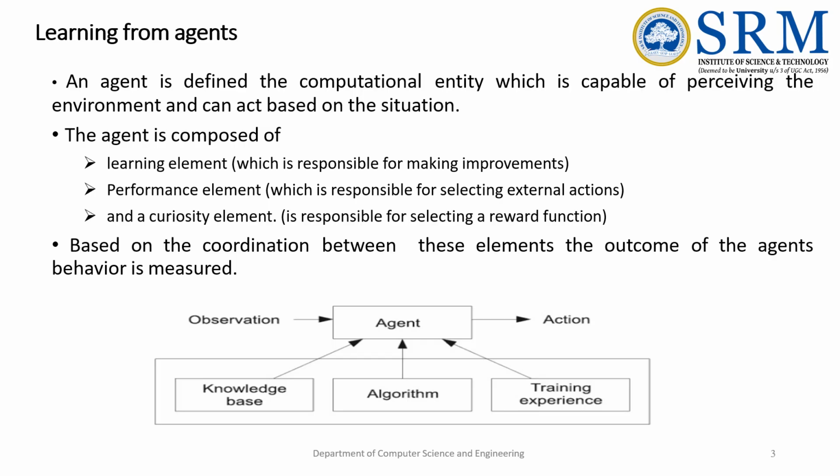Then there is automation, which requires less human intervention; automatic email spam filtering is a good example. Better decision making: the agent learns from past successes and failures, which shapes its decisions and handles complex problems. So those are the advantages of learning from agents.